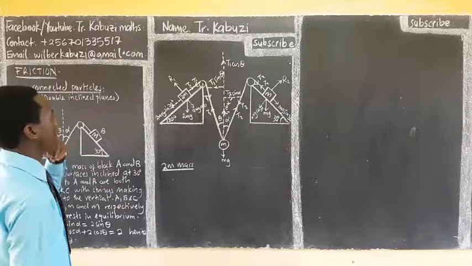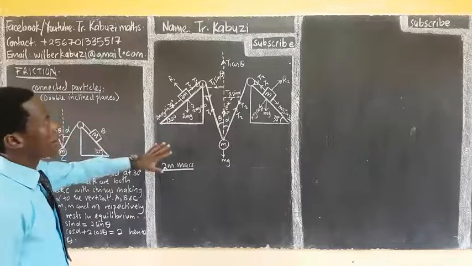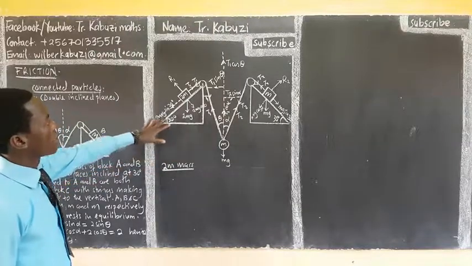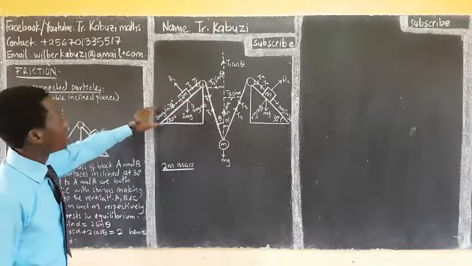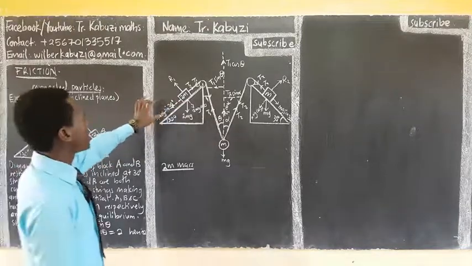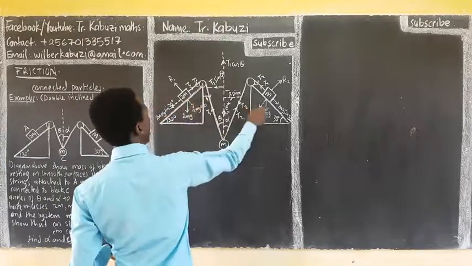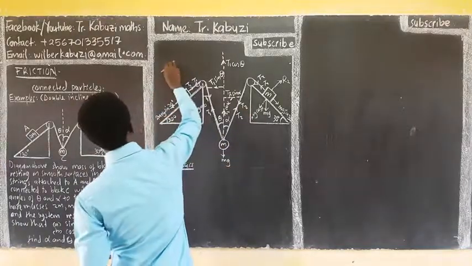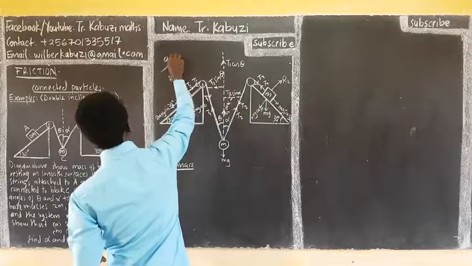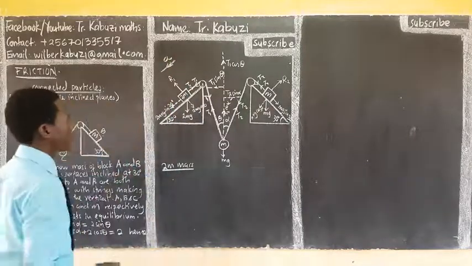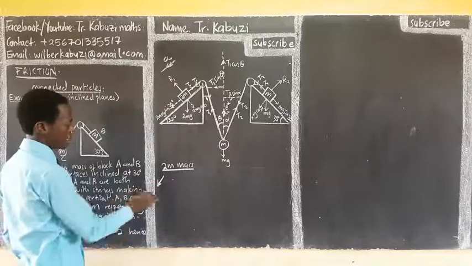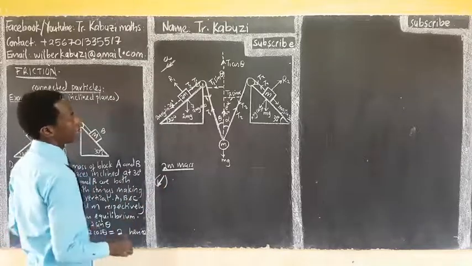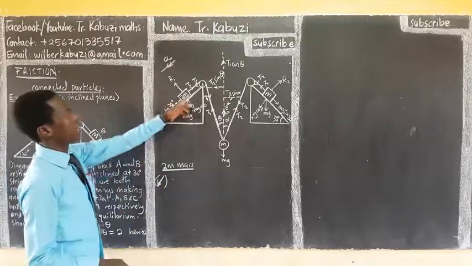So you see that the particle is going to be in equilibrium, but because this one is bigger than this, we would expect the acceleration to be in that direction. So now, if I resolve in that direction, because the body is in equilibrium, this body is balanced with that.